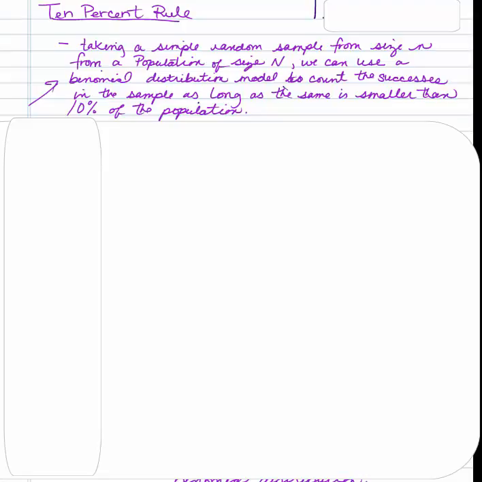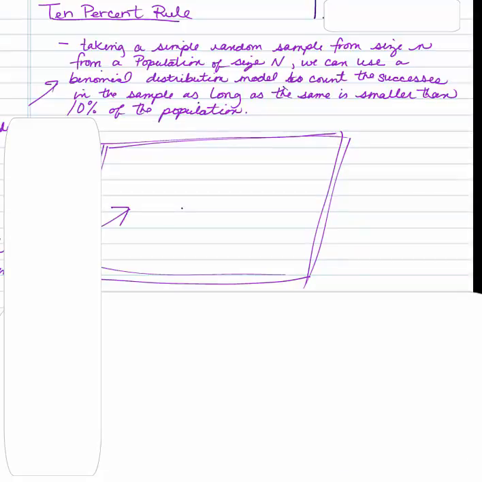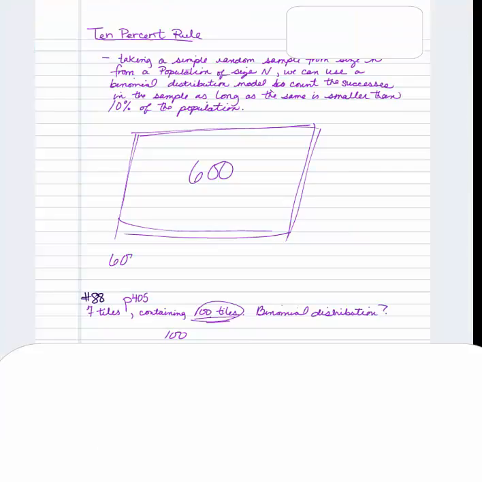So what this means is, let's say we were going to use the school's population. I guess there's probably something like maybe 600 students in the whole population. If there are 600 students in the school, and we are going to take a sample of the population, the binomial distribution we needed to use was where we made sure that they were independent.